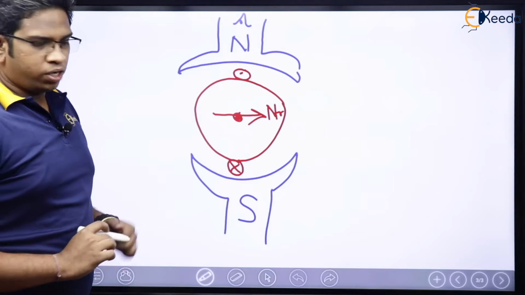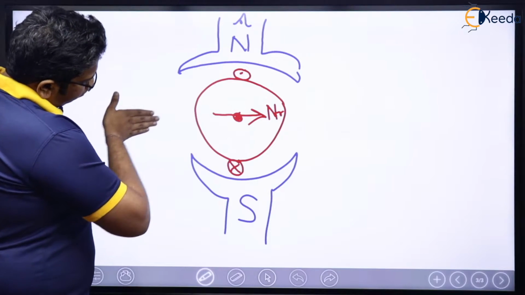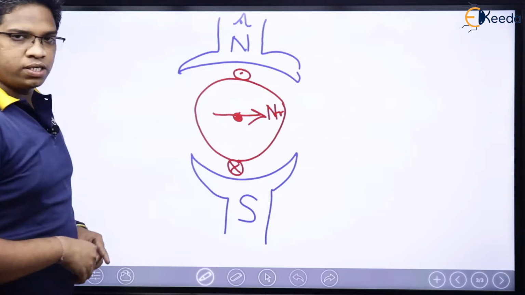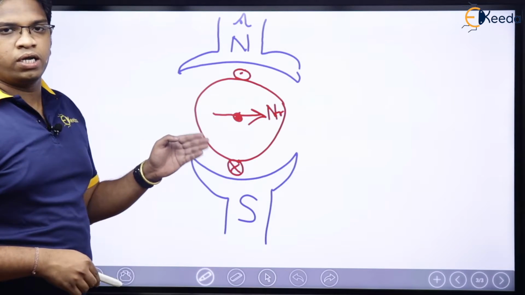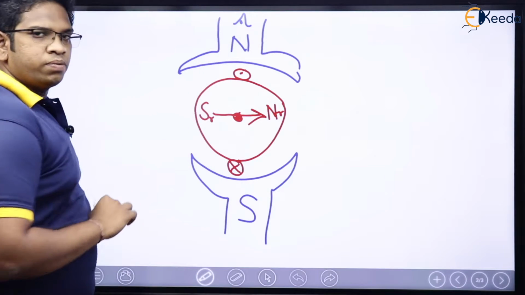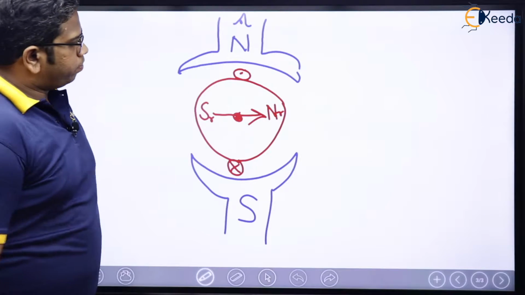In this portion, flux is incoming to the rotor, which means this is going to become the south pole. Agreed? No problem till then.